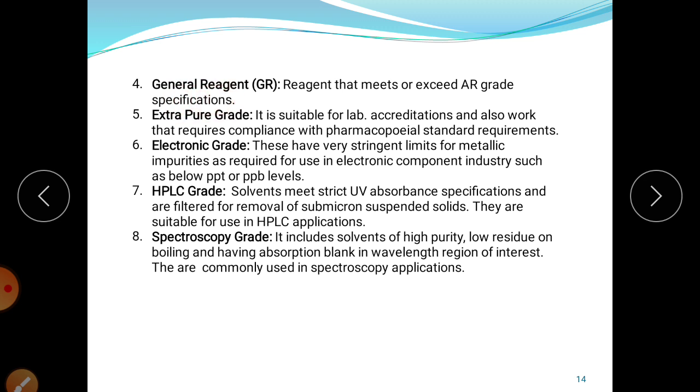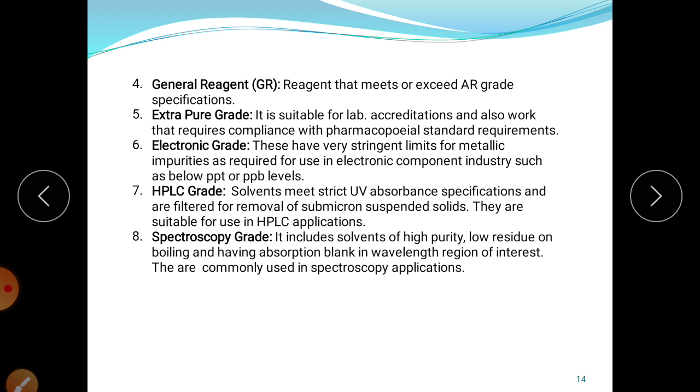The next one is general reagent, or GR grade. These are also chemicals which meet or exceed AR grade specification.